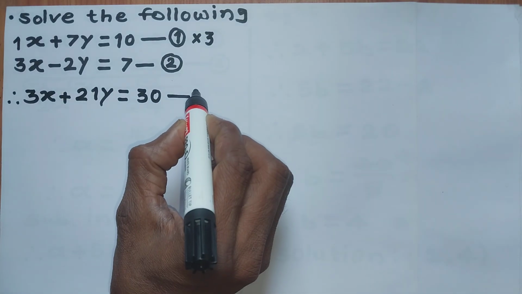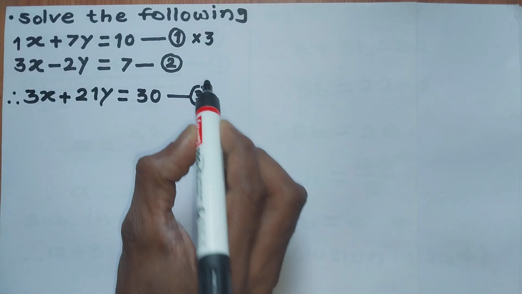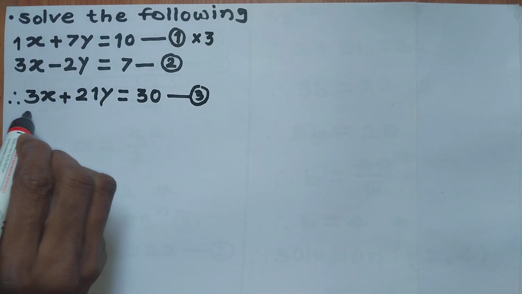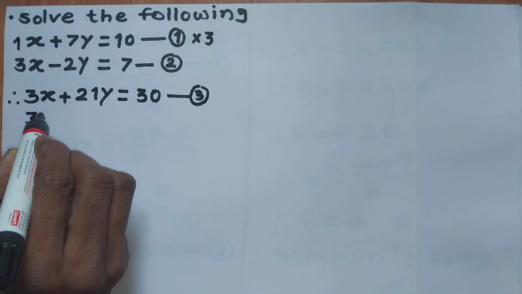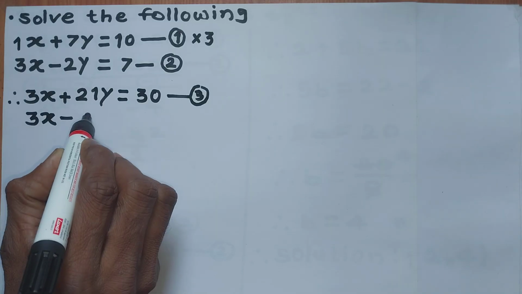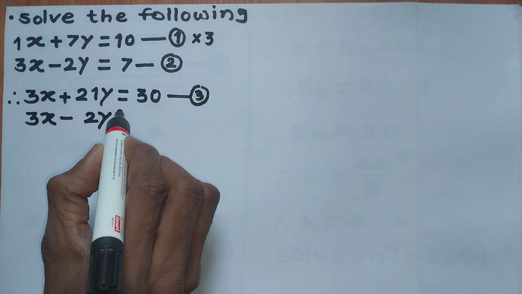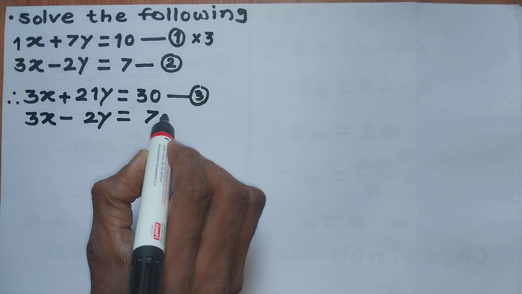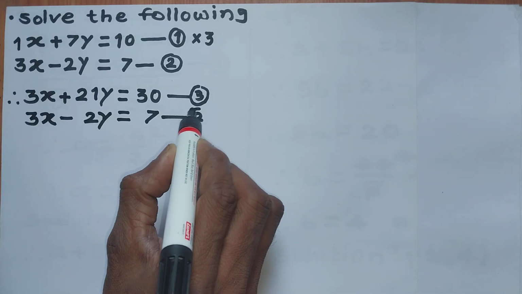This is our new equation number 3. Exactly below we write equation number 2, that is 3x - 2y = 7. This is our equation number 2.